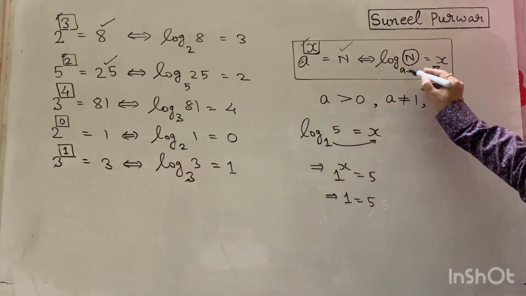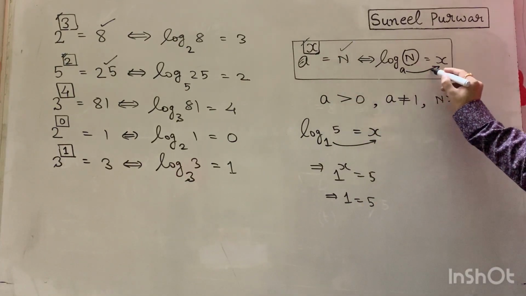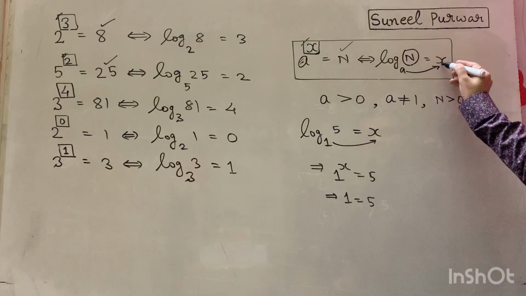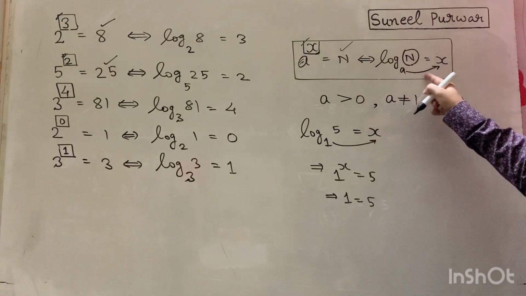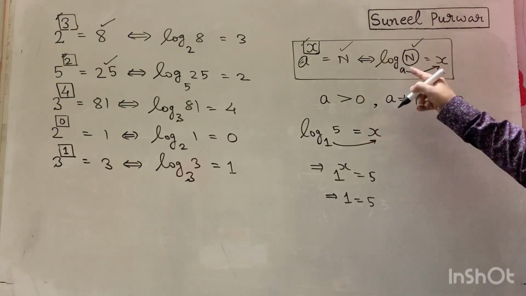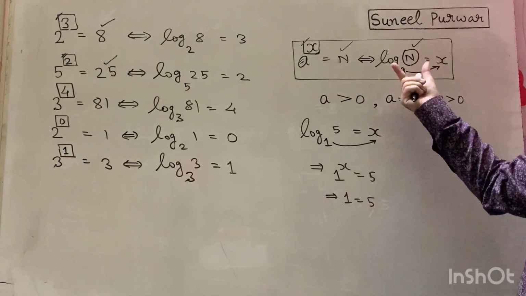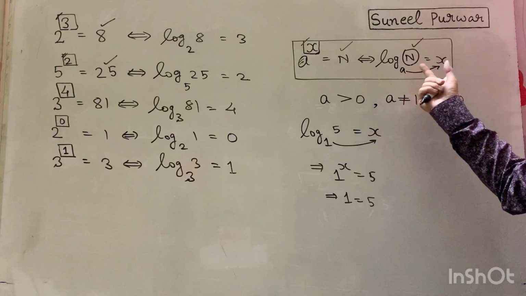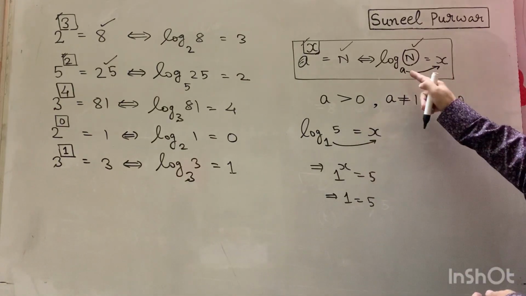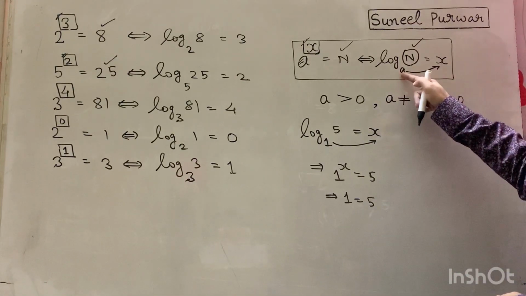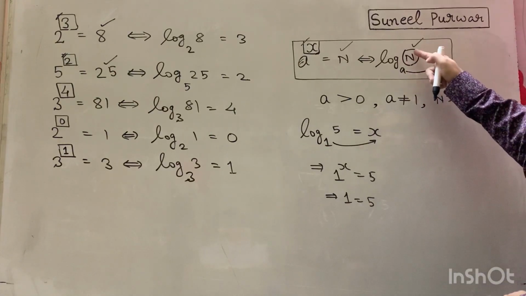See how? From the base you draw an arrow to x, okay, this number. So you will say a to the power x equal to n. So saying log of n to the base a is x means a to the power x, go with the arrow, a to the power x equal to n.